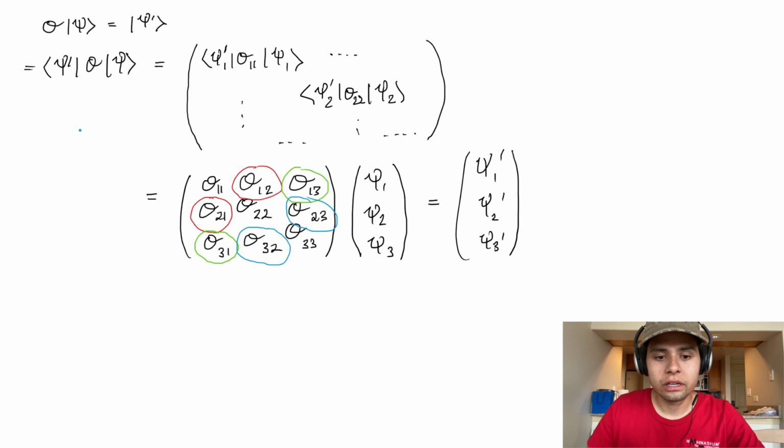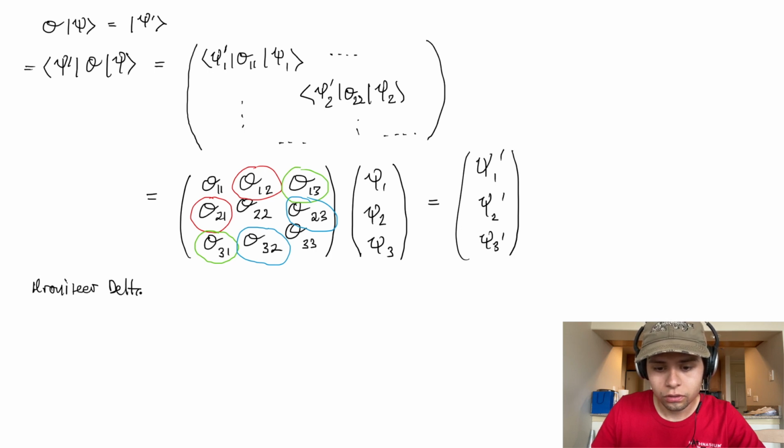Okay, so let's take a look at a tangible example here, and this is probably one of the more simple examples, and I'll get into more complex stuff later, but let's take a look at the Kronecker delta matrix. We can think of it as maybe looking like this.